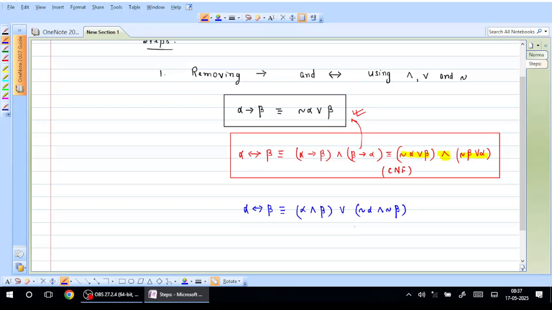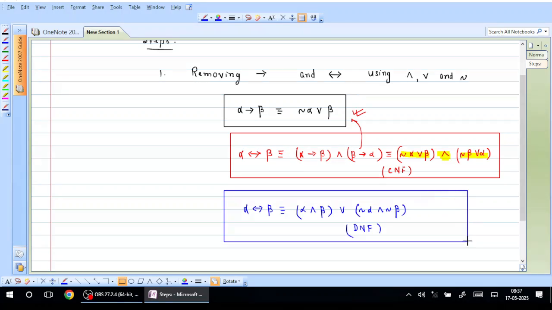And this we are using while converting our expressions into DNF.